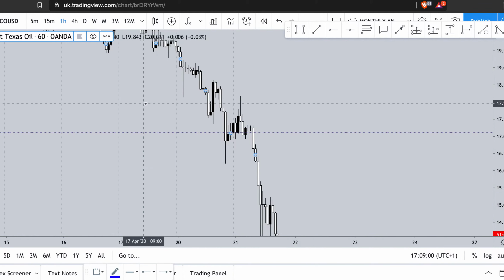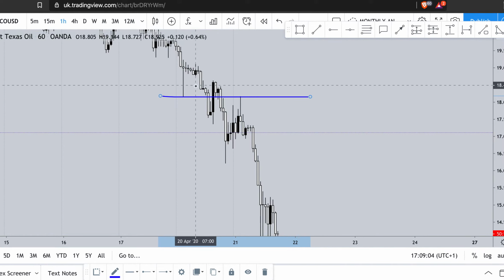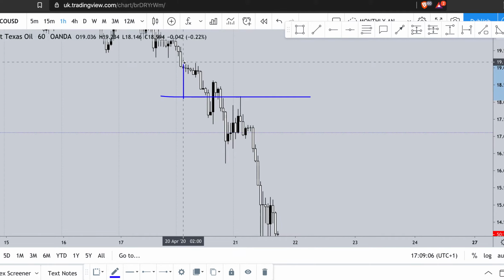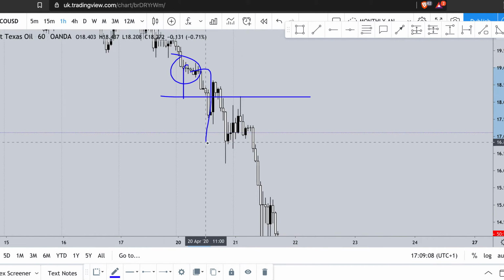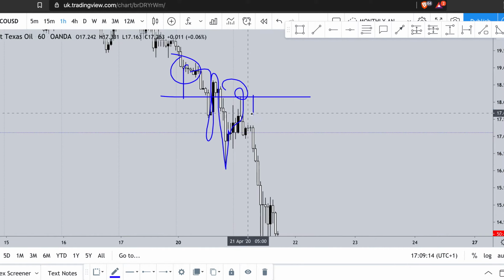But there's another little level that you could have spotted on an intraday trade. Price has rejected really strongly, pushed through, it's come back, it's closed below, it's made its way back up, it's touched the level, and then it showed a really strong hammer candle. So price came up here, it opened here at $17 a barrel. People started buying it at $17.16.